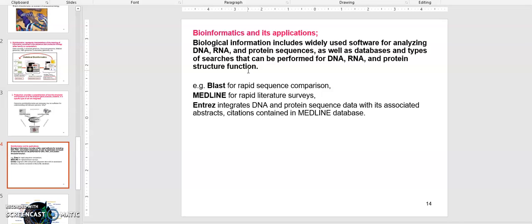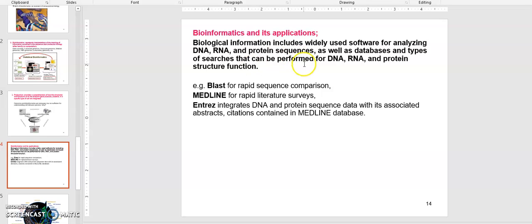Do other organisms have similar proteins? And if they do, what do they do in those organisms? By comparing the protein or DNA sequences with other organisms, you can better understand the structure and function of your DNA or RNA.